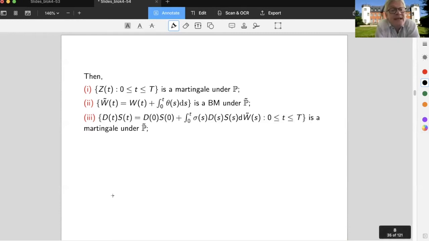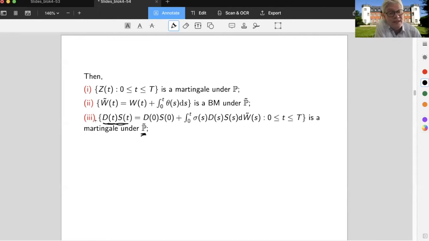Thirdly, the discounted stock process, denoted by capital Dt St, was equal to D0 S0, the values at time 0, plus the integral from 0 to t, sigma s Ds Ss dW tilde s, and again, little t from 0 to big T. And we have seen that particularly this discounted stock price process, the process that we are particularly interested in, is a martingale under P tilde.